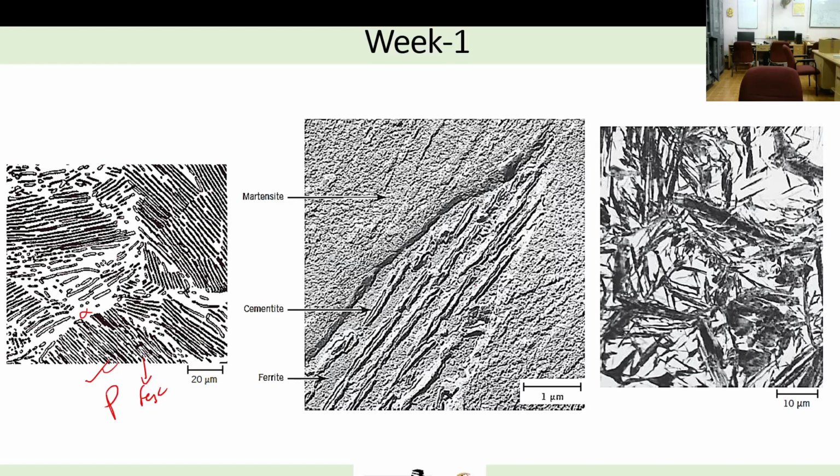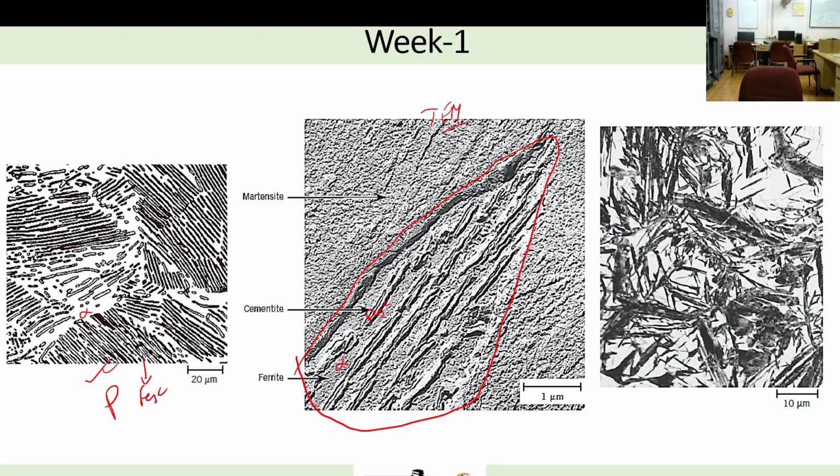And this is a TEM image, transmission electron microscopy image. Here you can see we have martensite as well as bainite. This region is the bainitic region. Here in the bainite you can see this is our ferrite and this is our cementite, Fe3C.